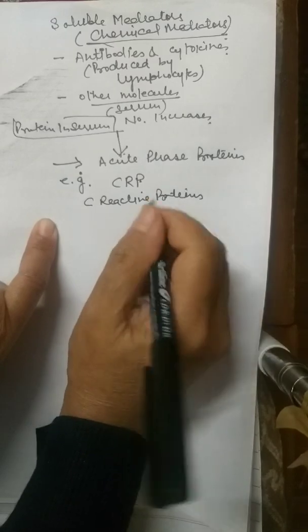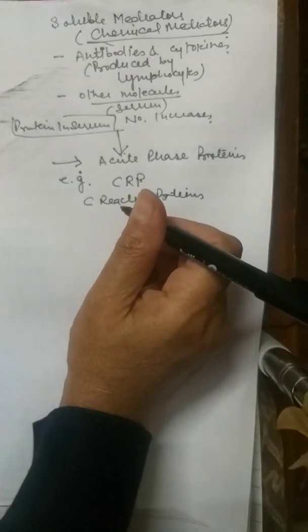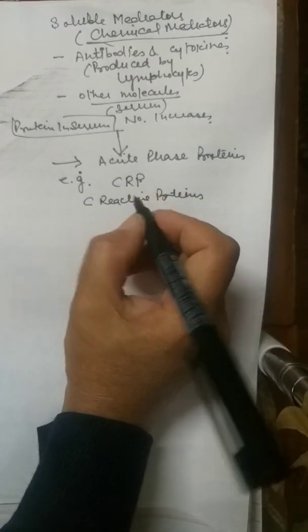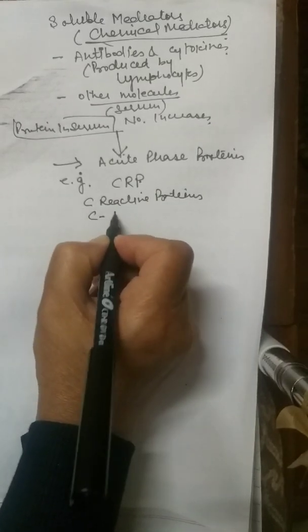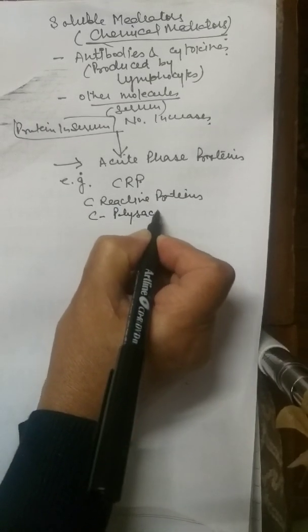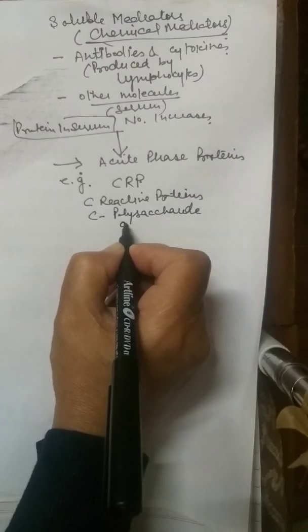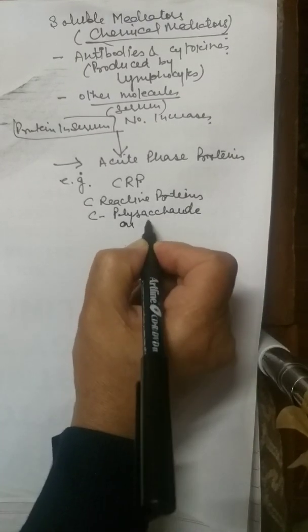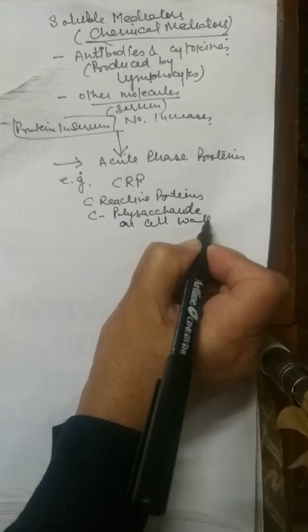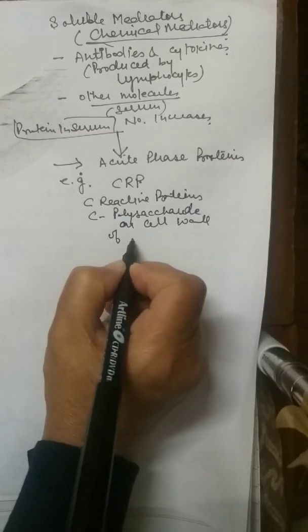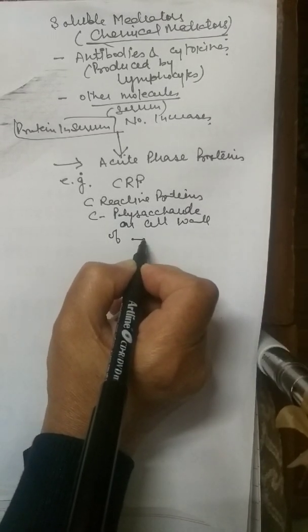These are called so because they are capable of binding to C polysaccharide, which is on the cell wall of some bacteria and fungi.